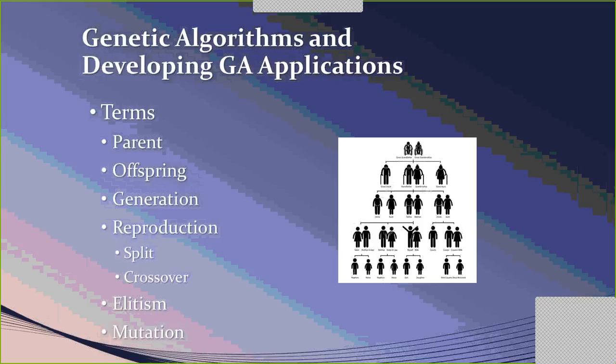The best guesses are allowed to reproduce using a splitting and crossover method. We keep the best guesses, which is elitism, so we only keep the most elite. And then we add to the mix mutations, which allow us to randomly adjust some of our input variables for our guesses so that we don't get stuck in causal loops.